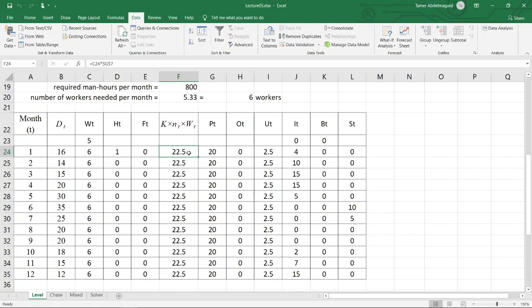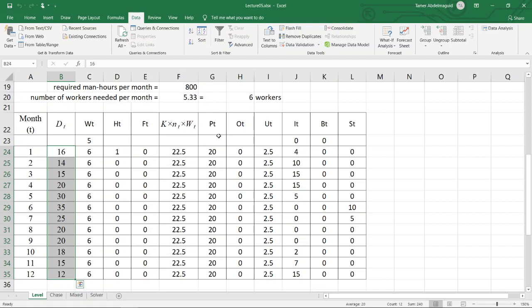The next question now is, how many aggregate units shall I produce in each given period, such that I do not exceed this quantity, which is the capacity available in regular time production, and I can fulfill the required demand throughout the 12 months?